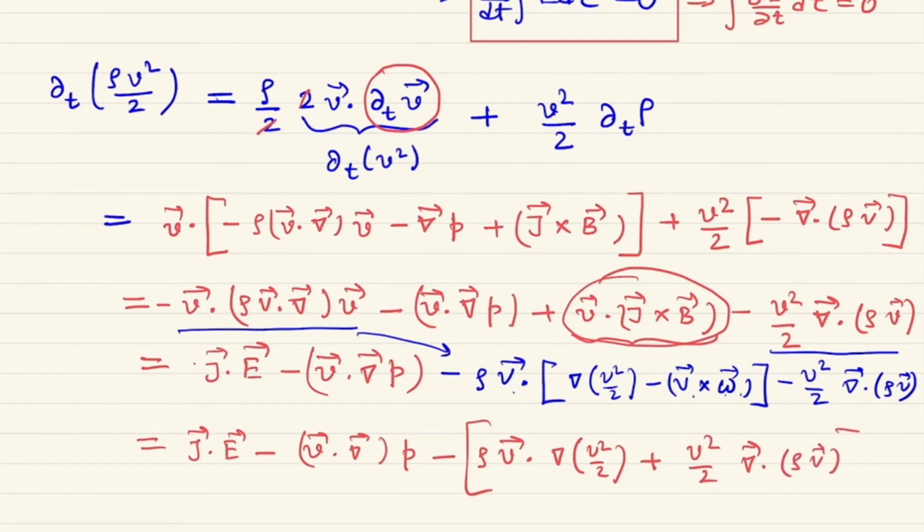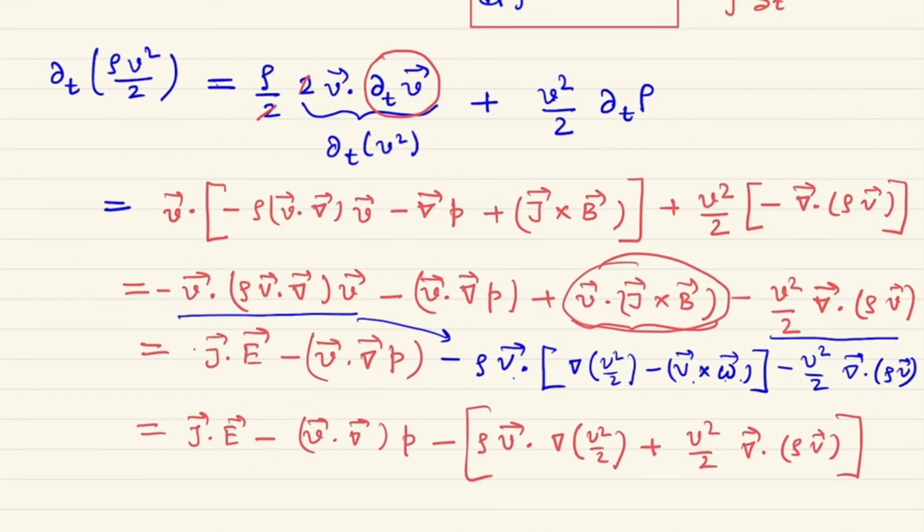So you clearly see this is nothing but, I just change the color once again, is nothing but divergence of rho v square by 2, or rather another way of writing is rho v square by 2 times v, right?